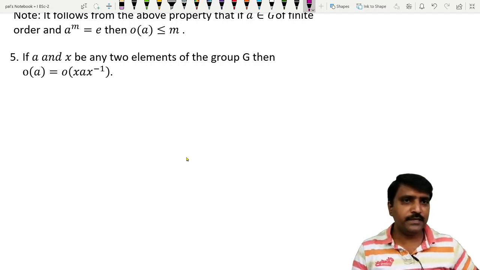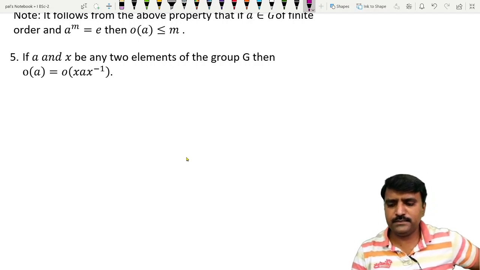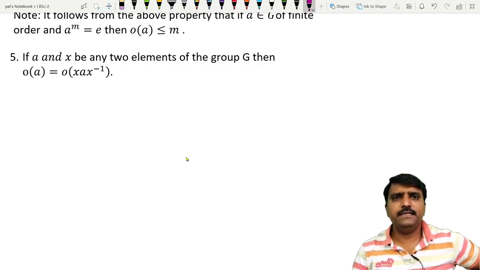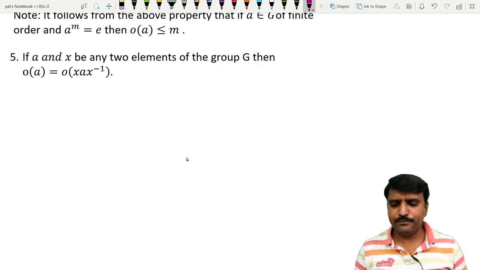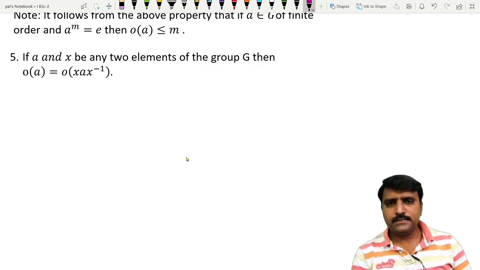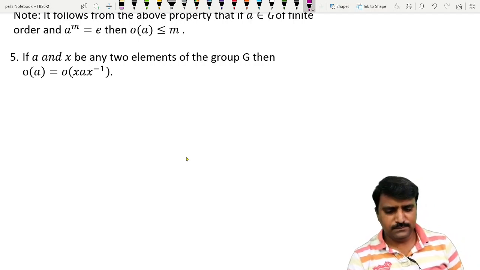To prove this property, you take order of a is some integer n, and order of x a x inverse is some m. I'm just taking its proof.